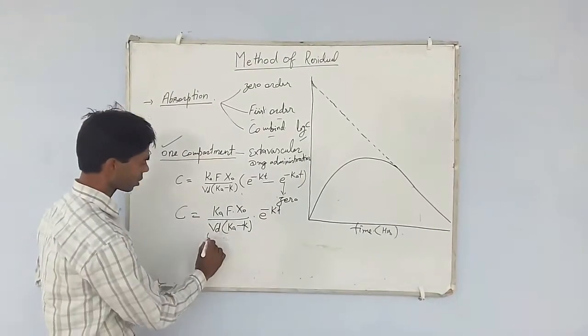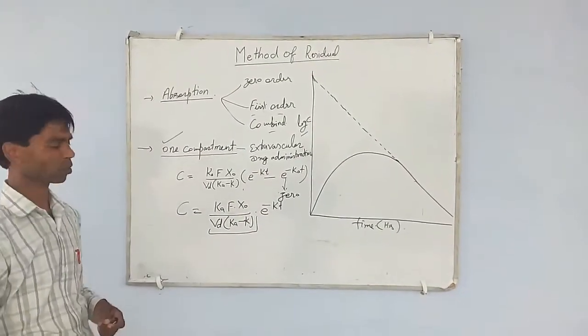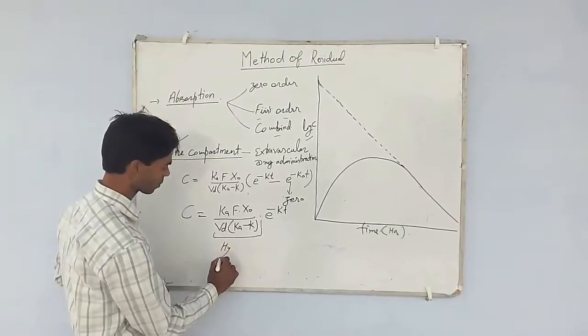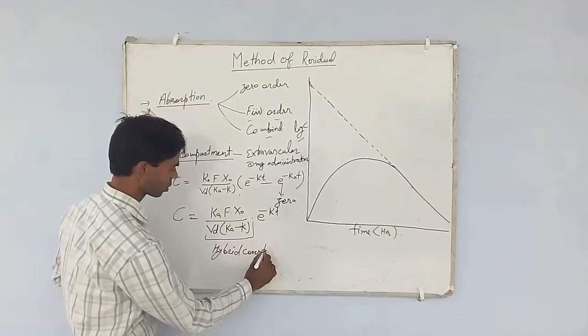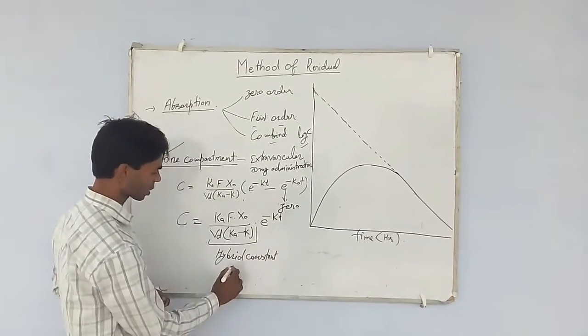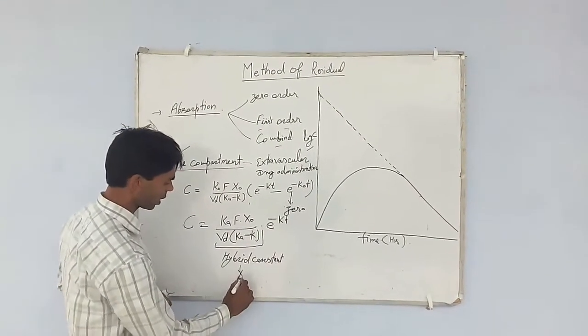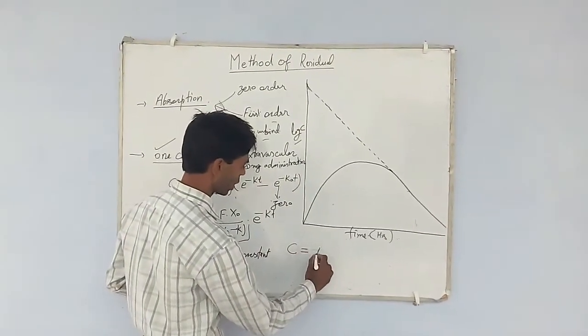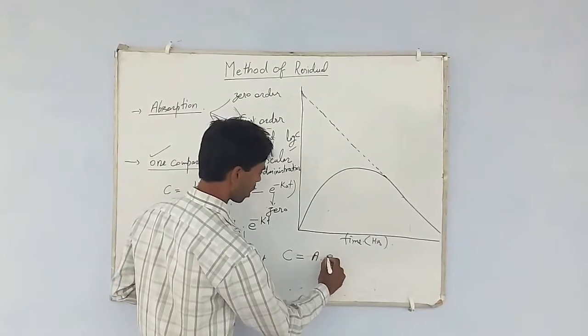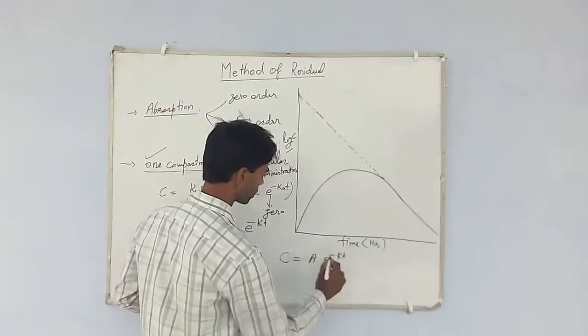All these factors together are known as the hybrid constant and are represented by A. Then the equation becomes C is equal to A into e to the power of minus Kt.